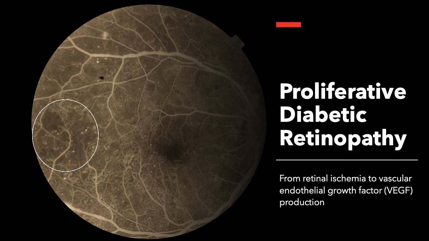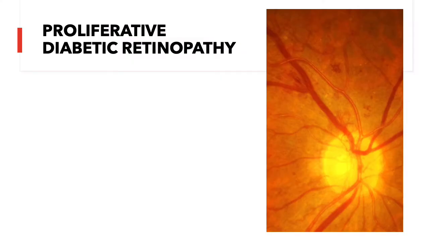If the number of ischemic areas is much larger than what is shown here in this photo, if there are larger areas and they accumulate over time, this will stimulate the production of vascular endothelial growth factor. Now, what does VEGF do inside the eye if the retina produces it?